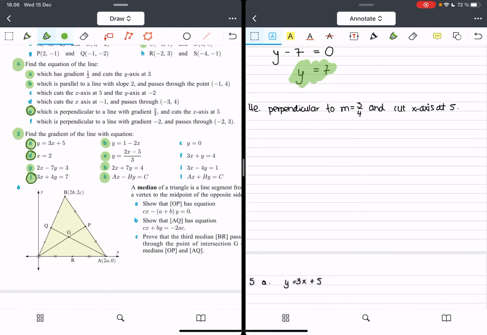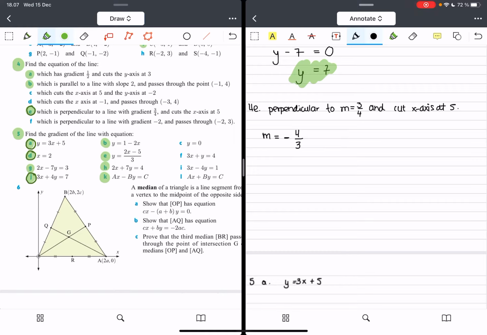4e says find the equation of the line which is perpendicular to the one with slope 3/4 and cuts the axis at 5. This means if it's perpendicular to this slope, the slope of the line we're looking for is going to be the opposite sign, so negative, and then you flip around the previous number you have.